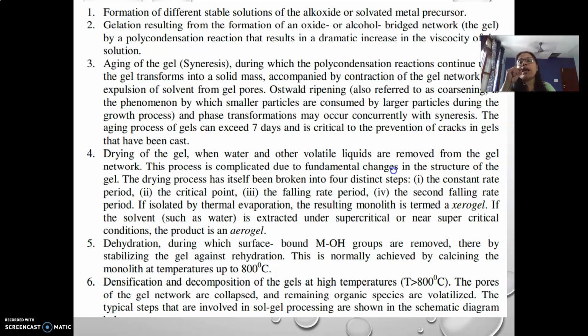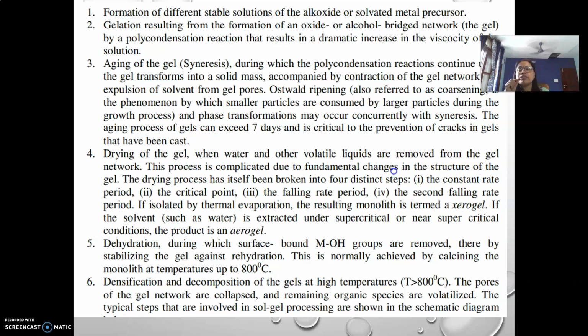And from that gel, by polycondensation through aging, we will be having the desired nanomaterial, and the aging process can extend up to 7 days. We have to be very careful within this aging process, that means we keep it as it is, that no loss of properties is observed in the gel, for example, there are no cracks in the gel.